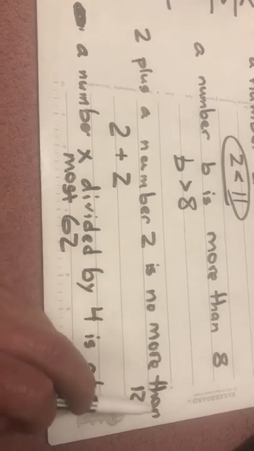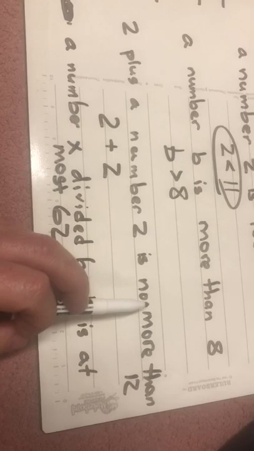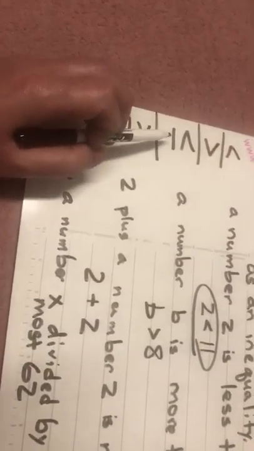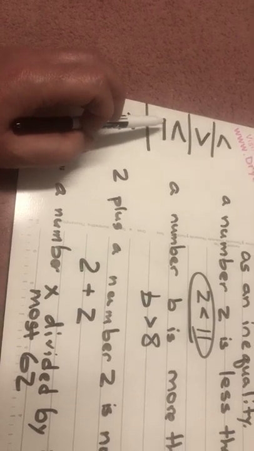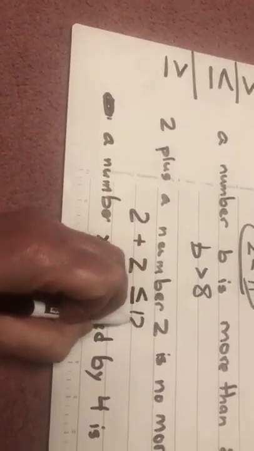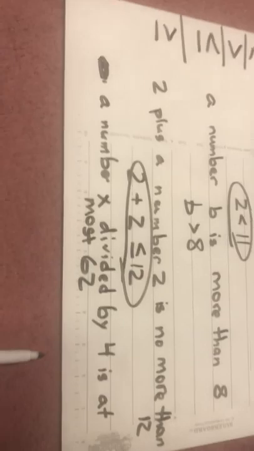That's what no more than 12 means. If it is 12, it's okay, but it can't be more than 12. So I would have to use the less than or equal to inequality. My answer can be less than 12, but it can also be 12.